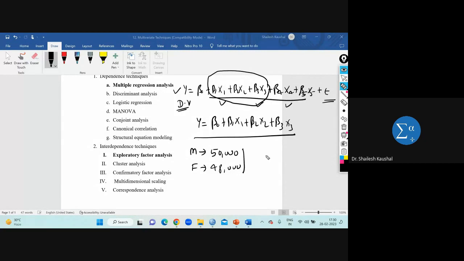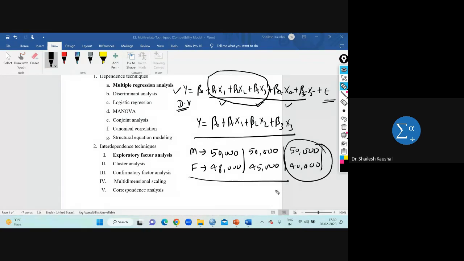This is one condition. Another condition, 50,000 and 45,000. And the third condition, 50,000 and 40,000. So out of the 3, we can see this difference is significant. Significant means more difference. This is a significant difference: 10,000 rupees, significant.